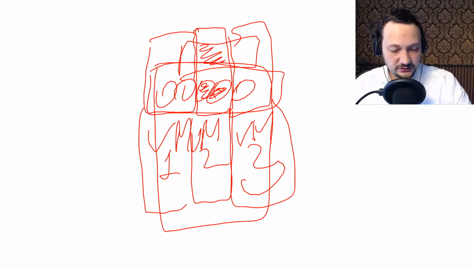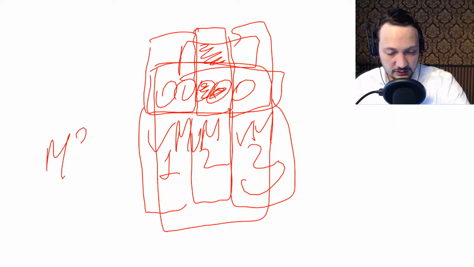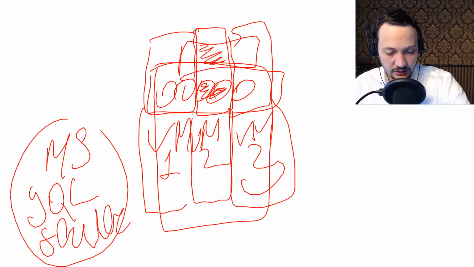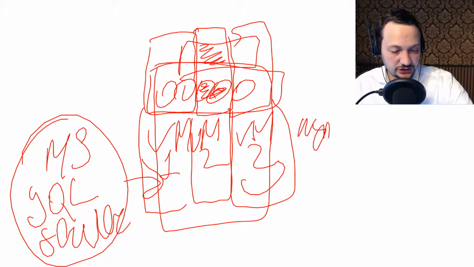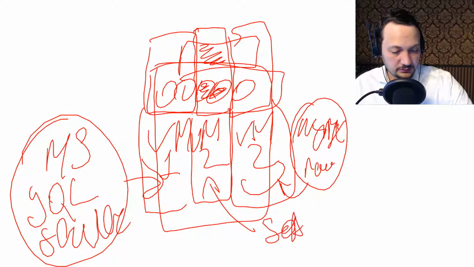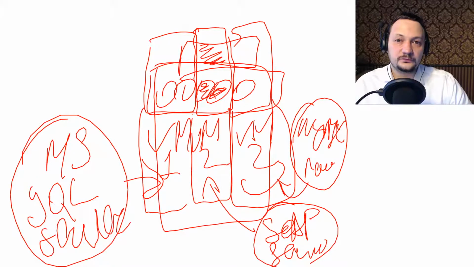This allows us to install MS SQL Server on one virtual machine, install some Nginx web server on another machine, and install our SOAP service on the third machine.